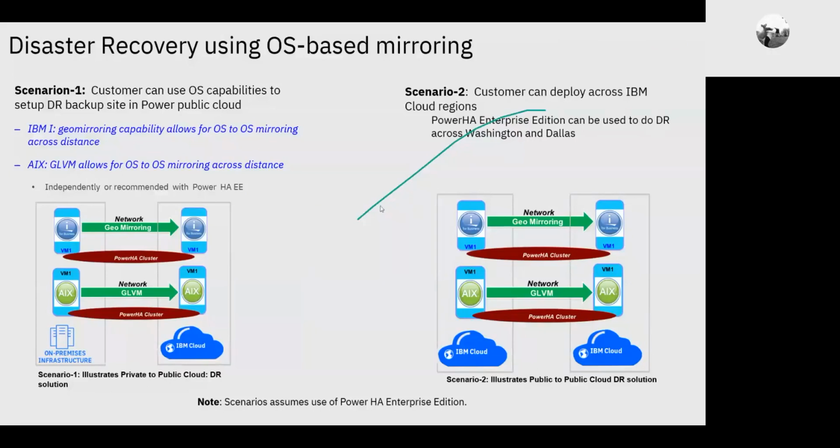And so we wanted you to be able to, let's say an FRA4 and FRA5, you want to have an HA configuration between those 2 zones in Frankfurt. So you can use the same technique of either OS or application-based mirroring in order to do that, either between cloud regions or from on-prem to the cloud.